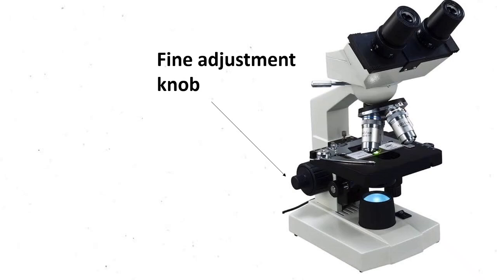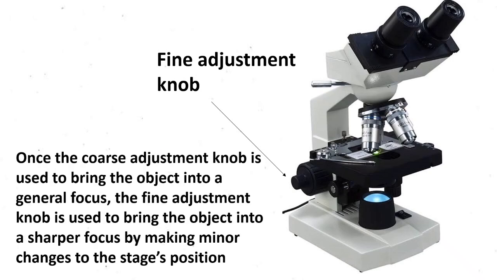Once the coarse adjustment knob is used to bring the object into a general focus, remember, I told you the coarse adjustment knob helps to move the stage so that the object can be in a proper focus.